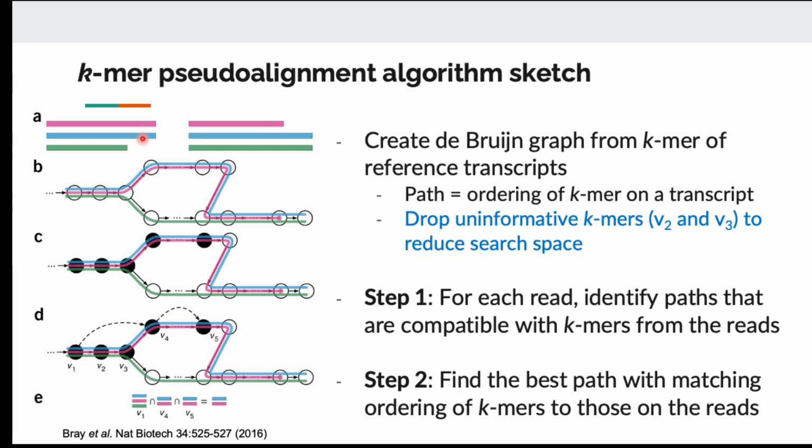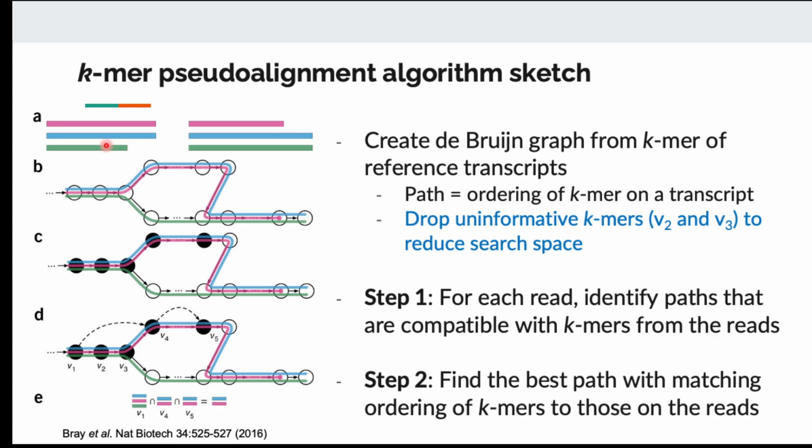If you have two isoforms that are similar, they're going to share the same k-mer, like the blue and the pink isoform. They are similar at the beginning, and then they differ at the end. So they're going to share the same k-mer all the way until the very end, where the pink transcript is shorter than the blue transcript.